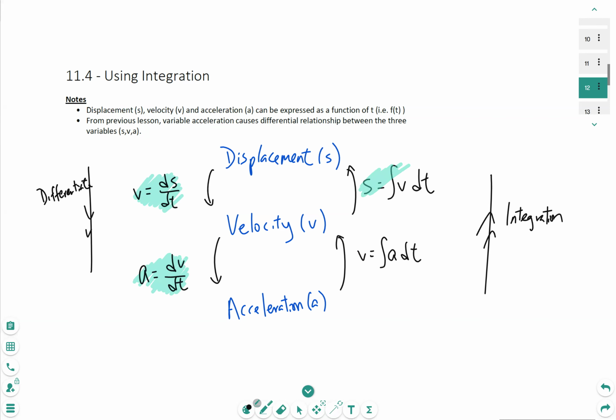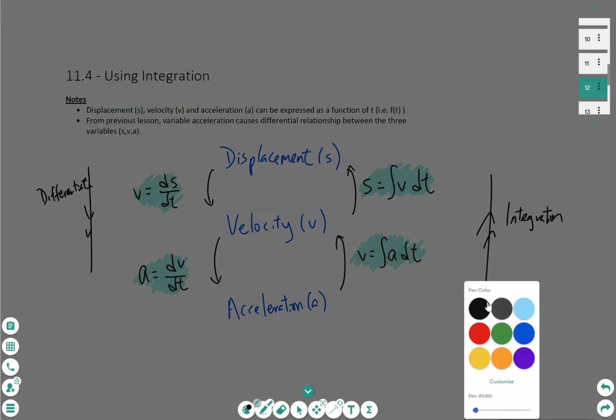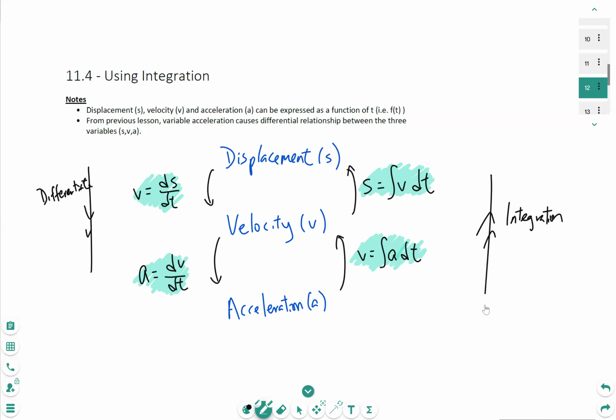You might be wondering, when do we use it? It's quite simple. When you see a question that gives you a quadratic or cubic equation with v, s, and t, you know it has something to do with these four formulae. Just one thing with integration: we know there's a plus c.